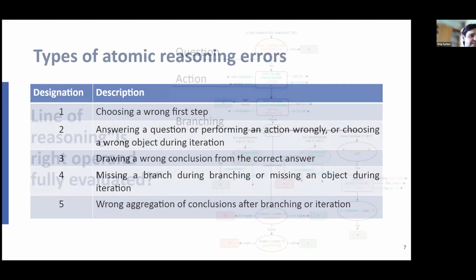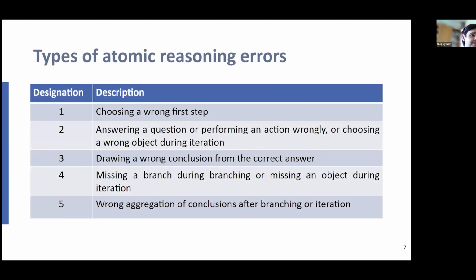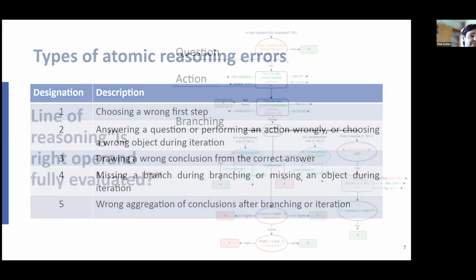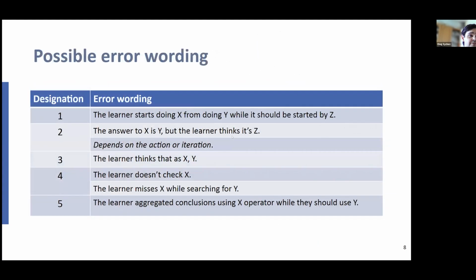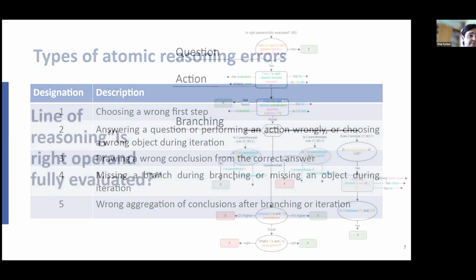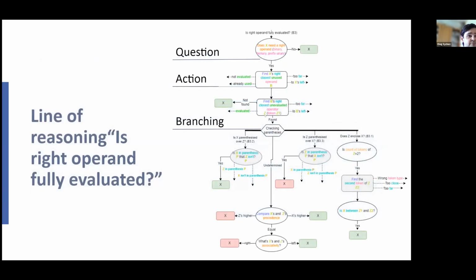So analyzing this knowledge graph, we were able to identify kinds of atomic reasoning errors. Choosing a wrong first step, starting wrongly, answering a question wrongly. So this is something that happens inside a particular node of this graph.